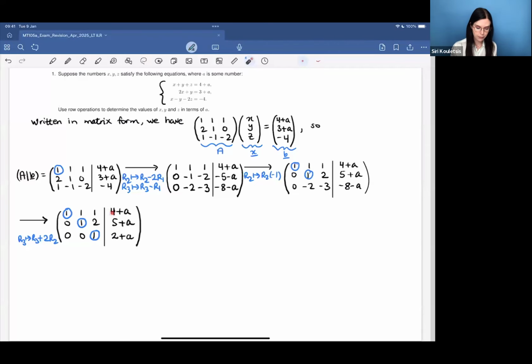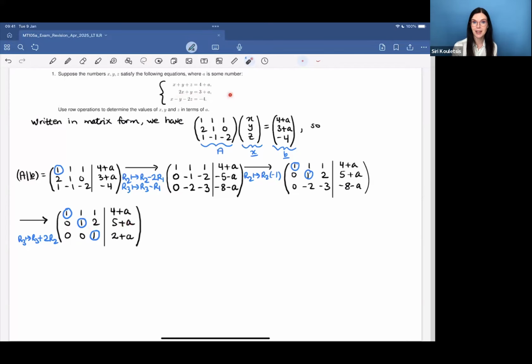The first equation, x plus y plus z equals 4 plus a, well, that's precisely the same as we started with, because we didn't do anything to row 1. But the second equation in this system here now is y plus 2z equals 5 plus a.